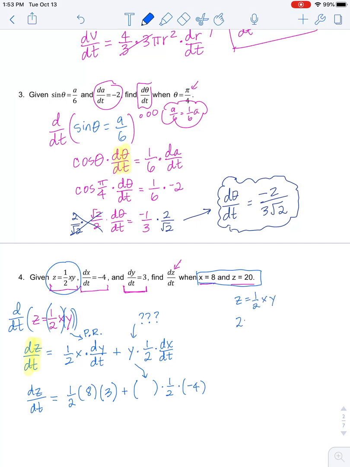So if z is 20 and x is 8 and y is missing, we can set up a little equation using the original to solve for y. So 20 equals 4y. Of course, dividing by 4 tells us that 5 is y. So I'm now going to truck that little 5 over here to the missing parentheses.